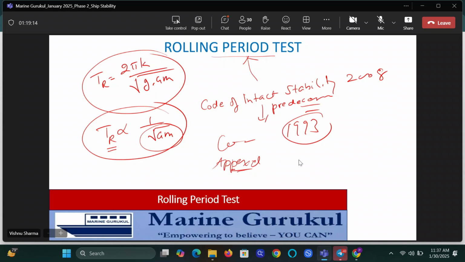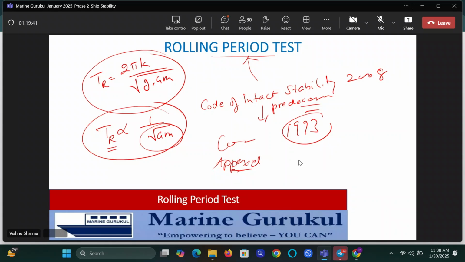But today, guys, do you need computing skills? No. Why? Because you have calculators, programmed calculators, and computers. Even the small ships are now equipped with programmed software, which can give them the stability at the click of a button. You don't need to be an expert or a mathematical genius to calculate the stability.